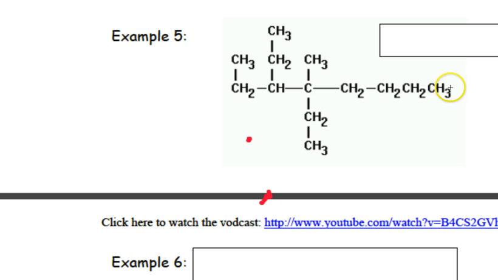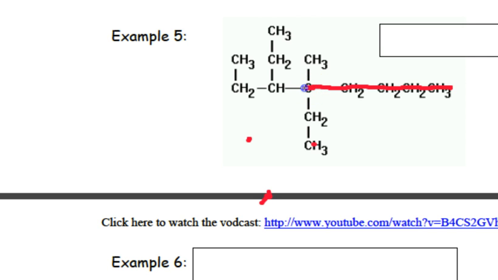Let's find the longest chain. Let's try this way. If I go this way, I start here. 1, 2, 3, 4, 5. If I go up, I can't go back down again. And I can't go this way and then come back up. So I have to continue going to see if I can get a longer chain. Because if I go this way, that gives me 1, 2, 3, 4, 5, 6, 7 carbons. I think I can get more than 7.